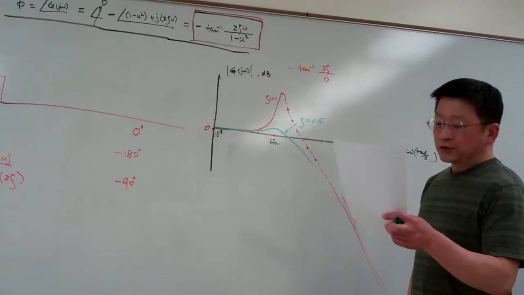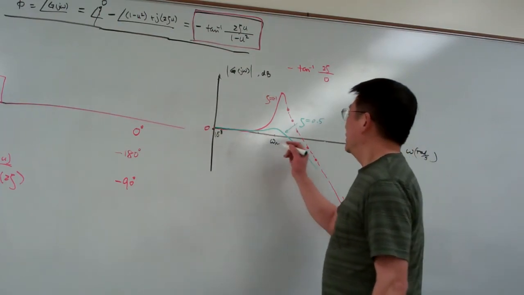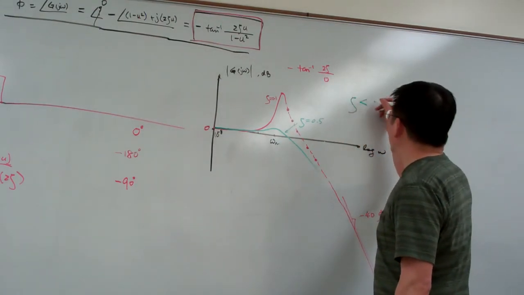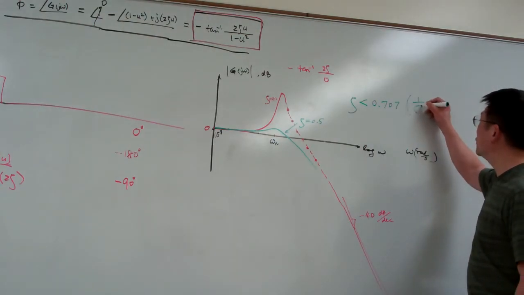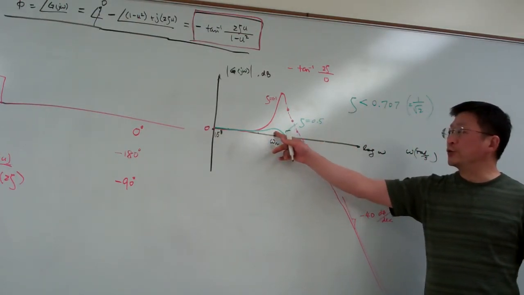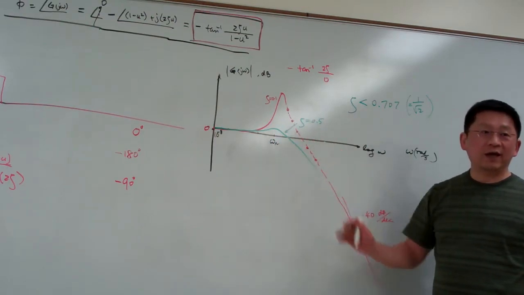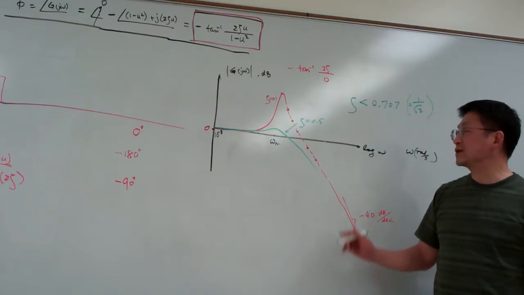When the damping ratio is larger than 0.707, that is equal to 1 over square root 2, the magnitude doesn't have the overshoot peak anymore. So that is this case.